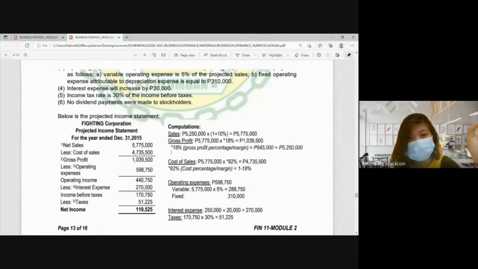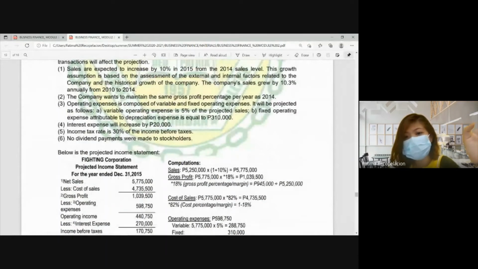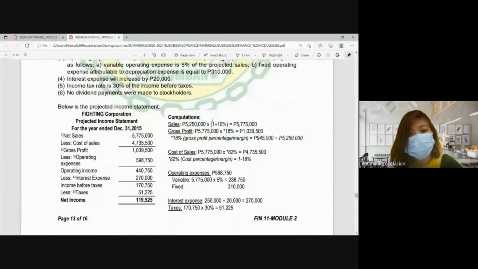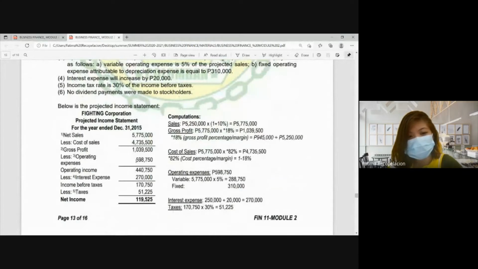And then the fixed is given, 310,000. So 5% of net sales plus 310,000, hence our total operating expense is 598,750. Okay, so gross profit minus operating expenses, we arrive at our operating income, 440,750.